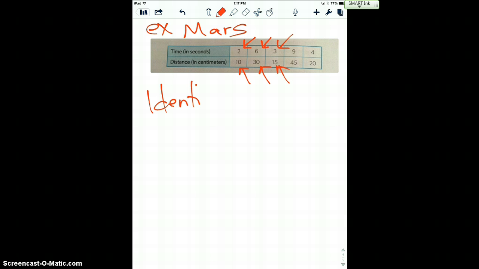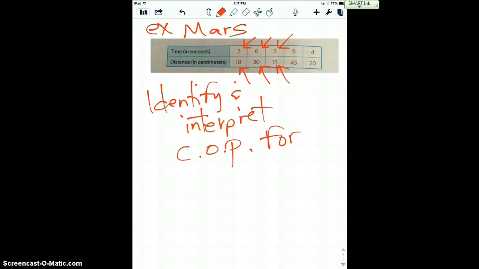Identify and interpret the constant of proportionality for this situation. Okay, so we need to identify the constant of proportionality. Well, if we need to identify it, then it must mean that this situation is proportional.